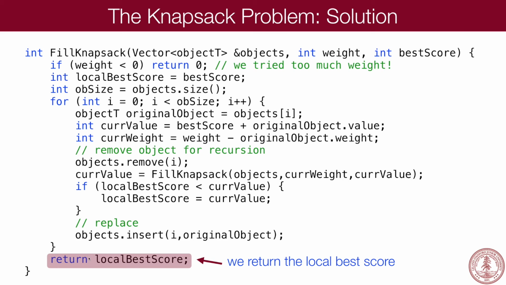Now, interestingly, the first time this recursive function gets called, what it will return is the actual best score, because locally to it, it is the root of the decision tree, and its local best score will be the actual best score. But each one of the recursive functions that's called will also have its own best score, and we are keeping track of the overall best score, which we finally return to the original calling function.